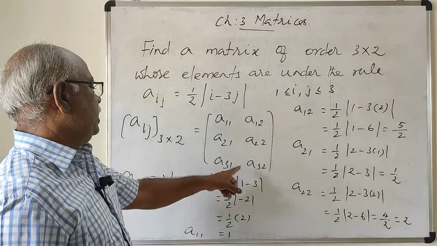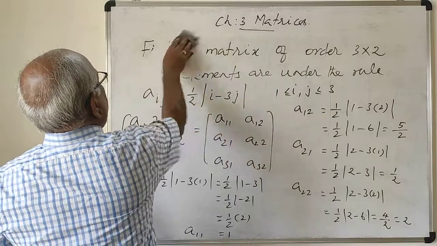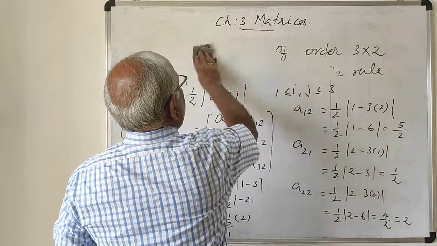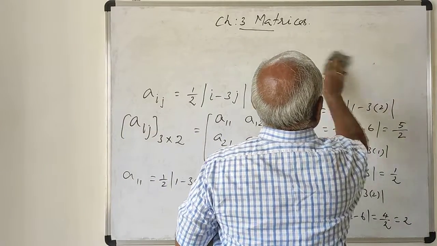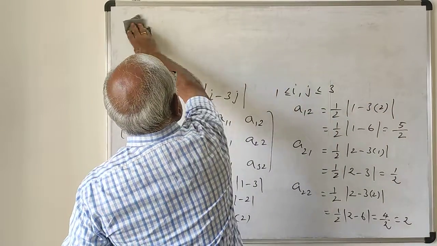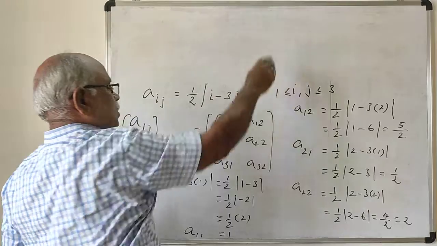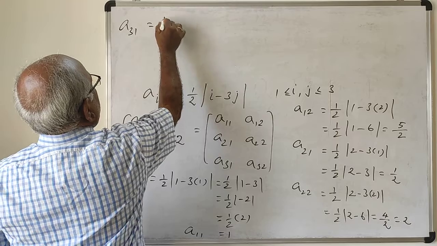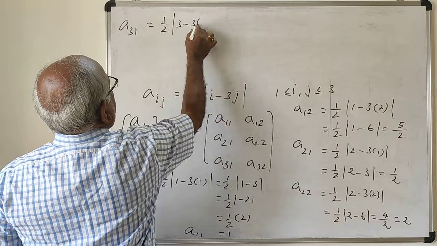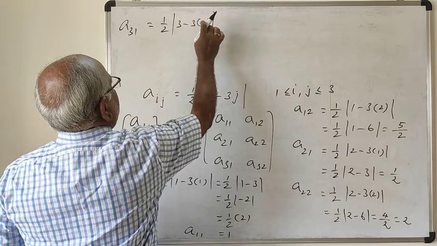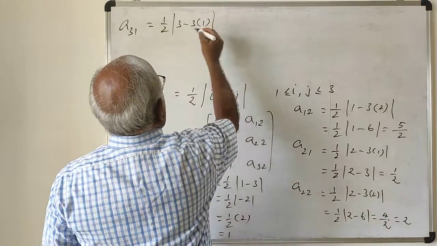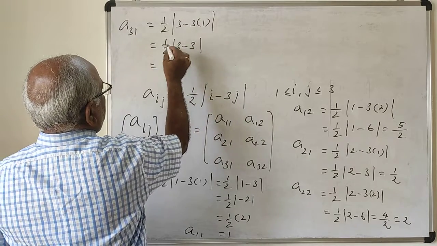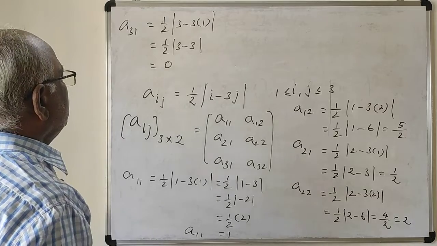So, 2 more elements, A31 and A32. Next, element A31 is i is 3, j is 1. 1 by 2 into mod of 3 minus 3 times 1. 3 minus 3 is 0, modulus of 0 is 0, 0 by 2 is 0.